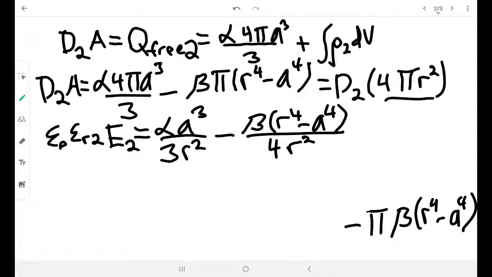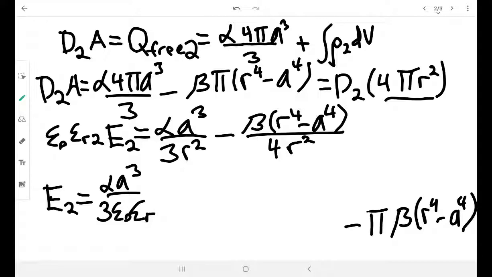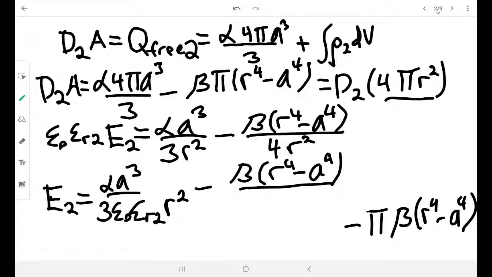And finally, we can find E2. E2 is given by alpha A cubed all over 3 epsilon naught epsilon R2 r squared, minus beta r to the fourth minus a to the fourth all over 4 epsilon naught epsilon R2 times r squared. Let me make that a little bit more clear.